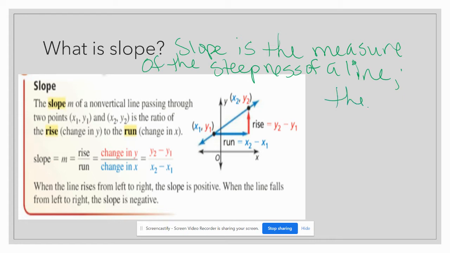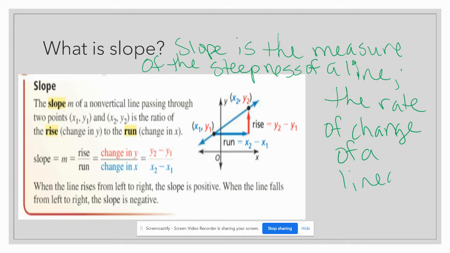It is also the rate of change of a linear equation or function. We can write slope as m, and it is rise over run, or the change in y over the change in x.